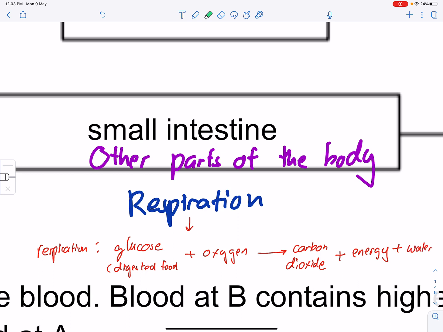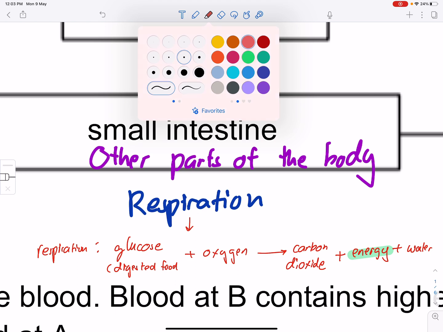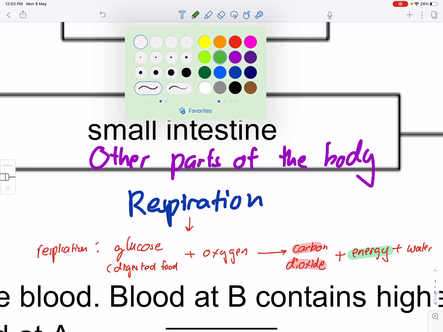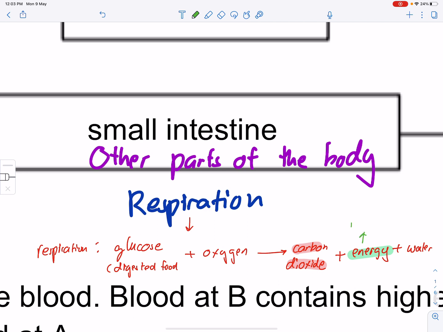But the key thing that you always want to remember would be your energy and your carbon dioxide. Now your energy is what you need. Okay, this is very important. Please pen this equation down. It is so important because it's able to explain, or account for, the difference in concentration of your oxygen.